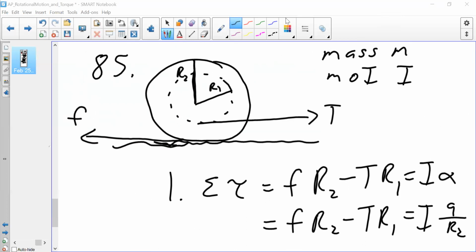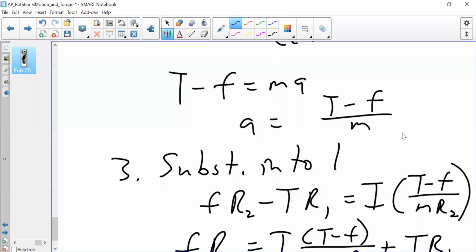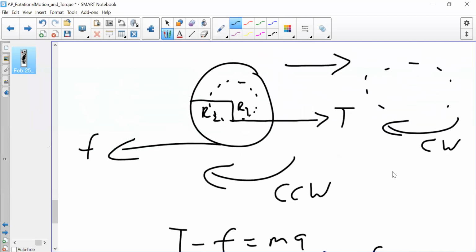Okay, let's take a broader look at that. What I wanted to go back to is that on the surface, it's hard to see why T provides a clockwise torque. I get the question, but we definitely have to visualize that going forward. The whole thing moves to the right, in this direction.